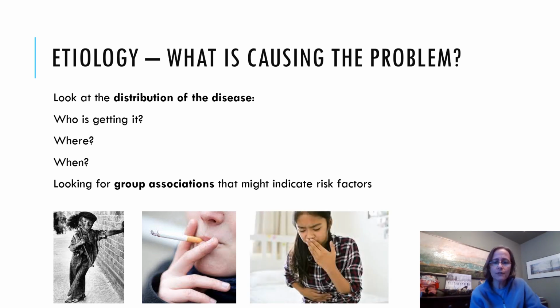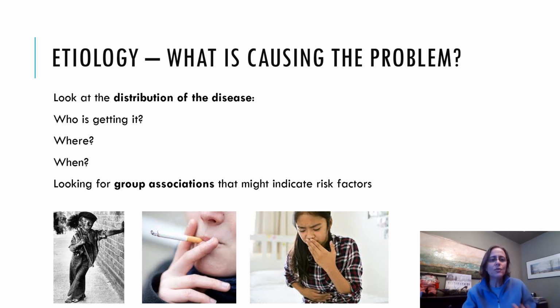We're also going to look for group associations if there's an episode of suspected food poisoning, right? Every now and then there'll be an outbreak associated with bagged salads or some other product. So they're looking at, okay, who got sick, who didn't, what's something that all the people that got sick have in common or were more likely to have had in their history?